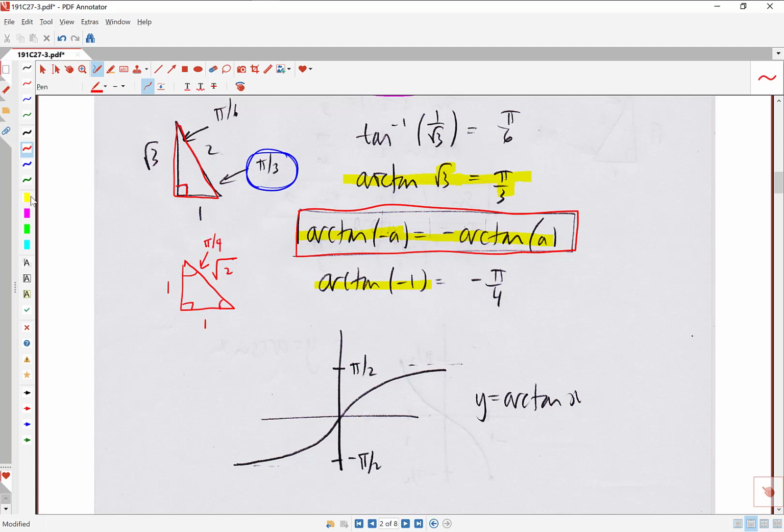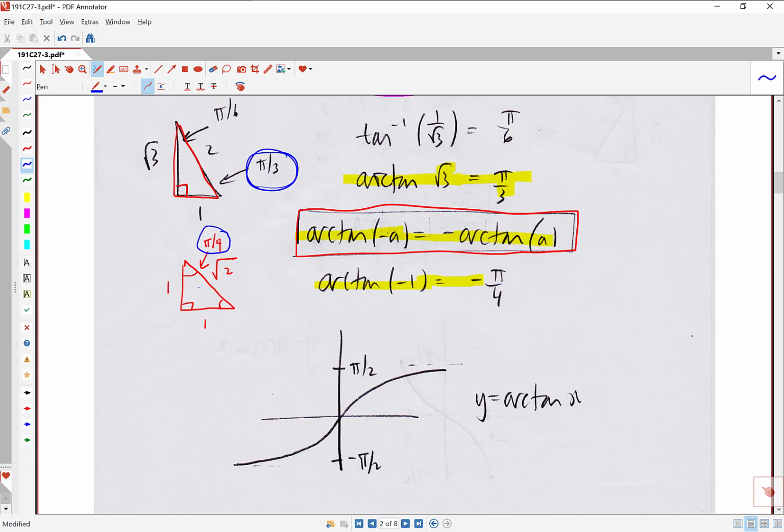In order to compute arctan of -1, the first thing we're going to say is it's going to be some negative angle. And then second, let's figure out what arctan of 1 is. So we need to find an angle in this triangle so that opposite over adjacent is equal to 1. If we use this angle here, that would work. Opposite side length is 1, adjacent side length is 1, so we do get opposite over adjacent equal to 1.